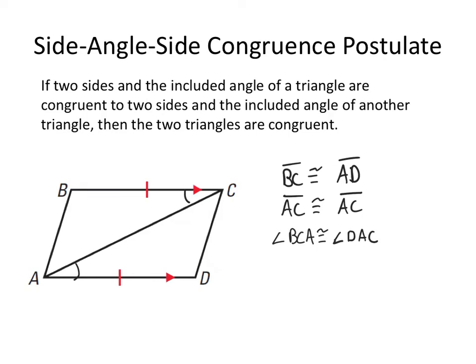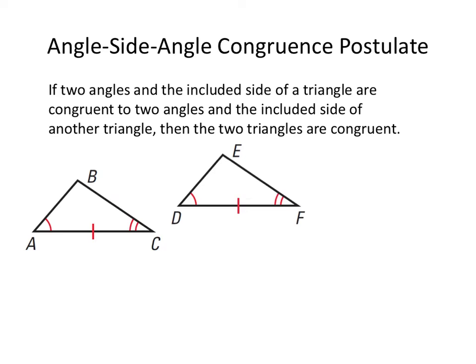Since we know that 2 pairs of sides and the included angle between those sides are all congruent to each other, triangle ABC and triangle CDA are congruent using the side-angle-side congruence postulate.